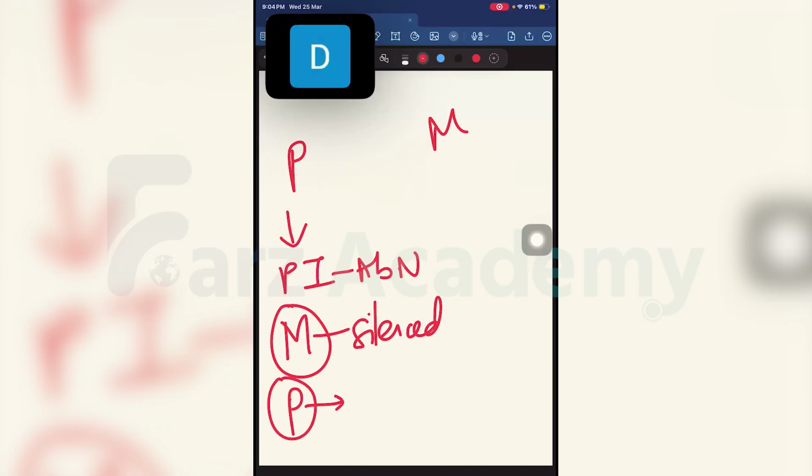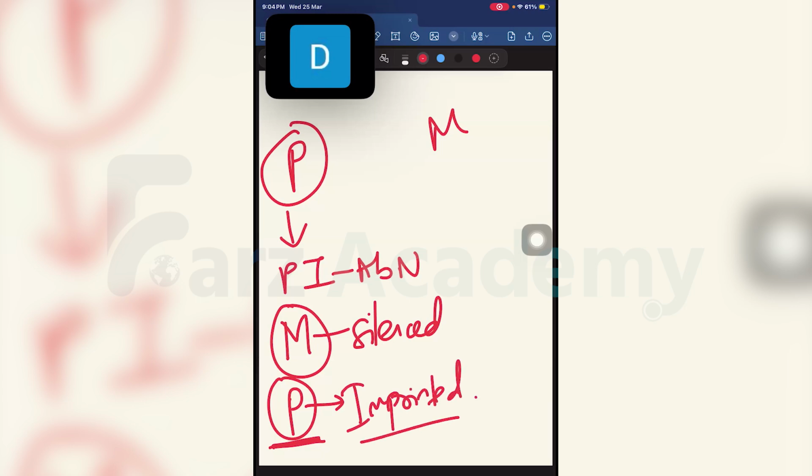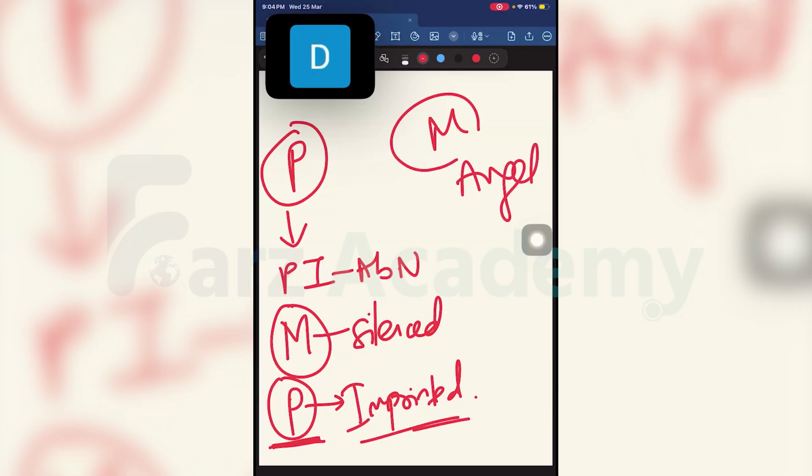But in Prader-Willi, this normal expression of the paternal gene will not occur because it is getting imprinted. This is the meaning of paternally imprinted. And the exact opposite will be there in Angelman. Can you tell me the chromosome number linked to both?